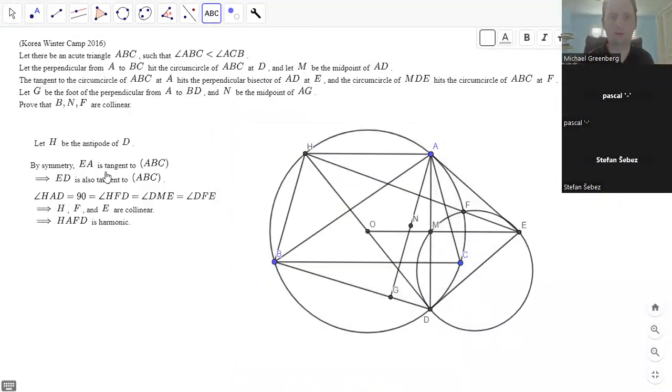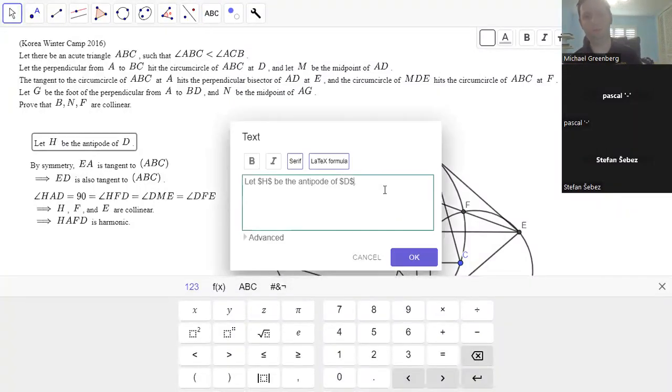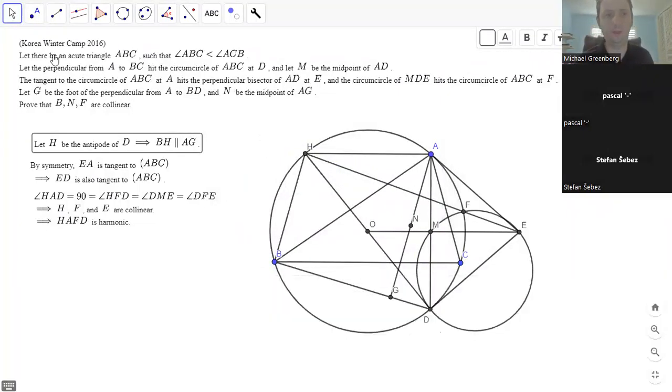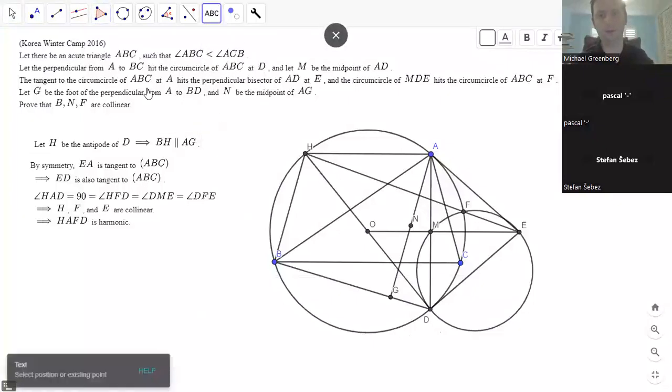Once you do that, it kind of falls apart. Projecting through B, so then BH is going to be parallel to AG. And projecting through B onto AD, onto HE, I mean.